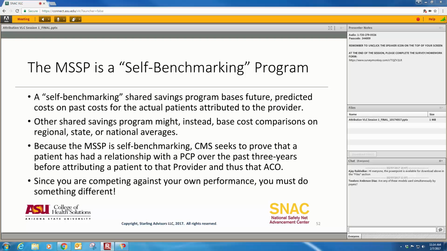And that sets up this scenario where you're essentially competing against your own historical performance in caring for that patient. And so what we like to say to our organizations that have entered into the Medicare Shared Savings Program is, if you enter this program for the population of patients that you've seen for the past 3 years, improving cost and quality likely means doing something fundamentally different. You can't just go into next year doing the same old thing and expect to have a major impact on care.